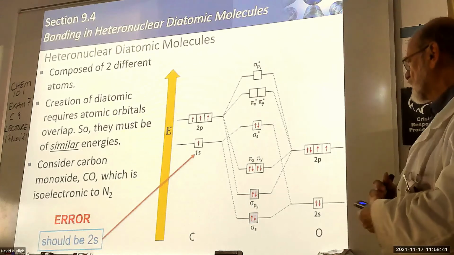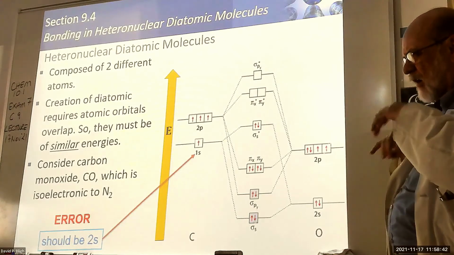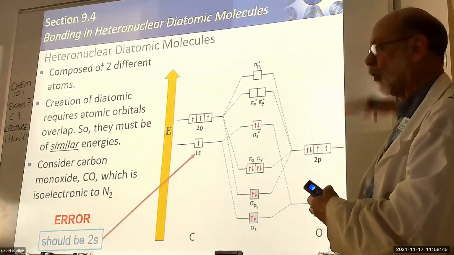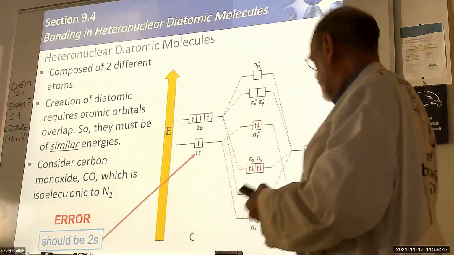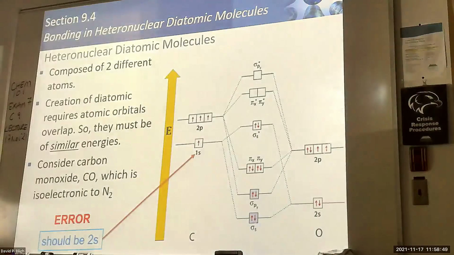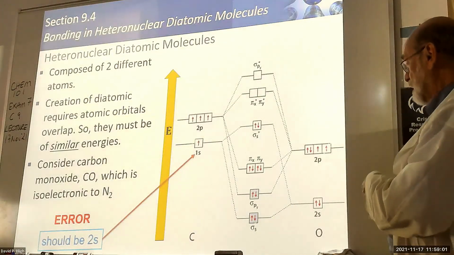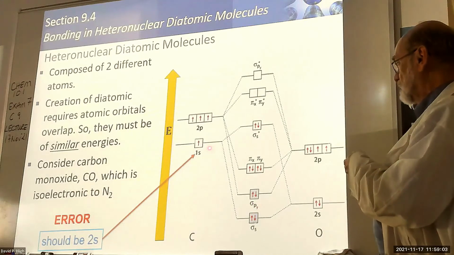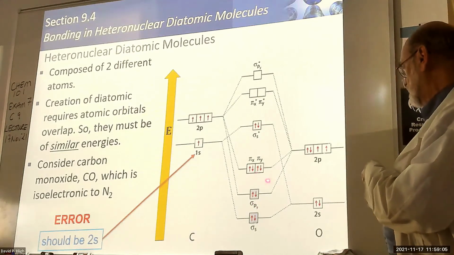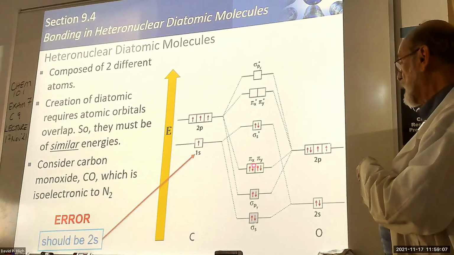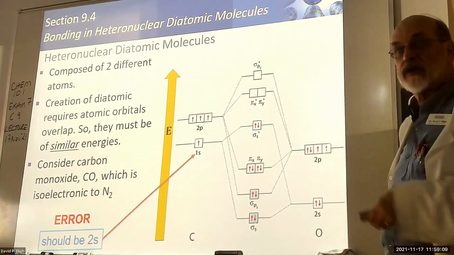So if we were going to do a qualitative assessment about the order, we see that carbon is over here in the non-mixing part, and oxygen is over here in the mixing part. So which one takes precedence? Well, apparently the carbon takes precedence, and now we have no sp mixing here.